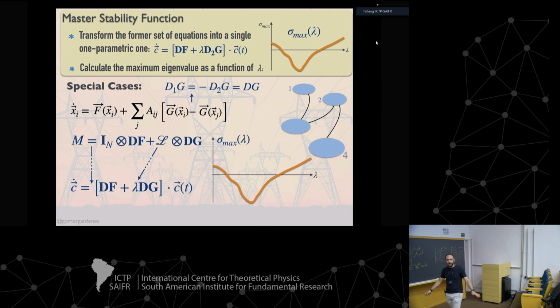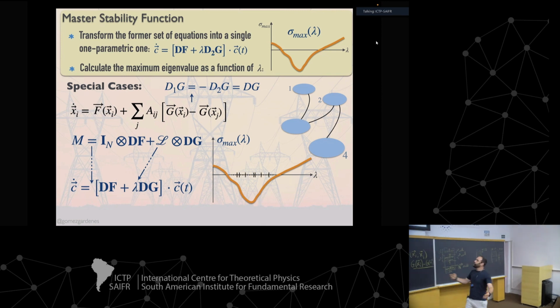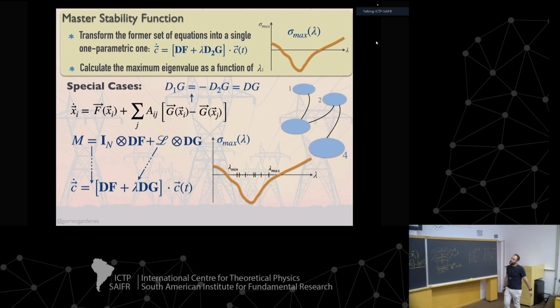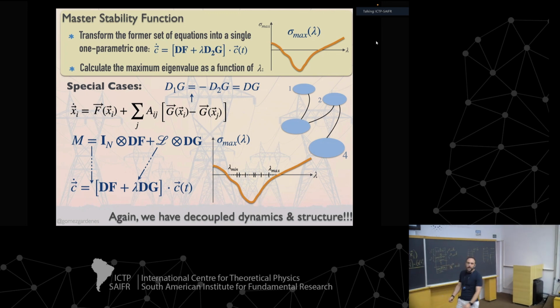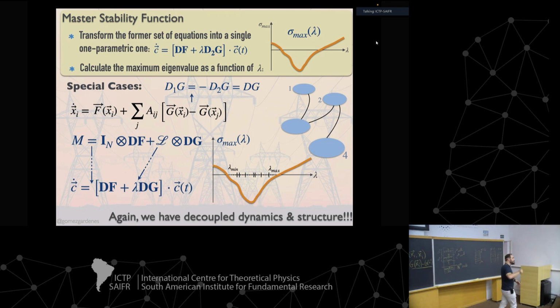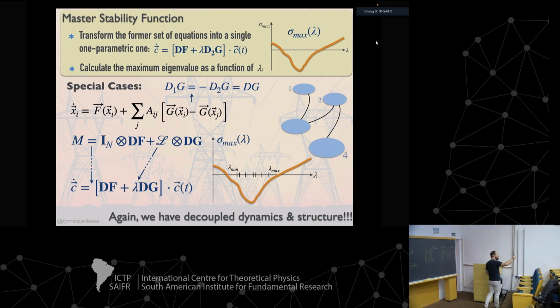Nothing more, nothing less. Okay, and again, if all the eigenvalues of the Laplacian correspond to negative values, it's stable. Okay, and otherwise it's unstable. Again, we have decoupled completely the high dimension of n from the low dimension of the dynamics m.